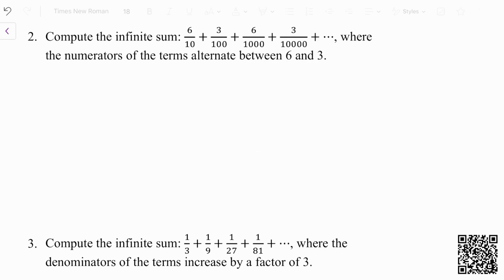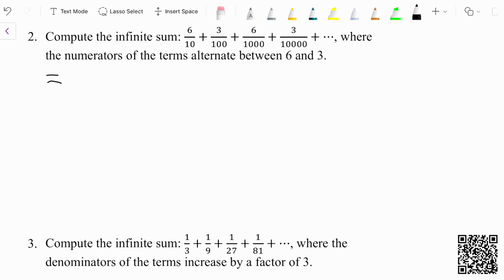So relatively easy. Compute the infinite sum 6 over 10 plus 3 over 100 plus 6 over 1,000 plus 3 over 10,000 plus all the way on, where the numerators of the terms alternate between 6 and 3. So this is about the same as the top one.